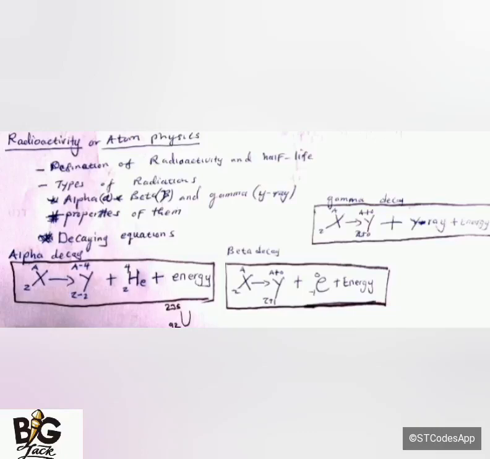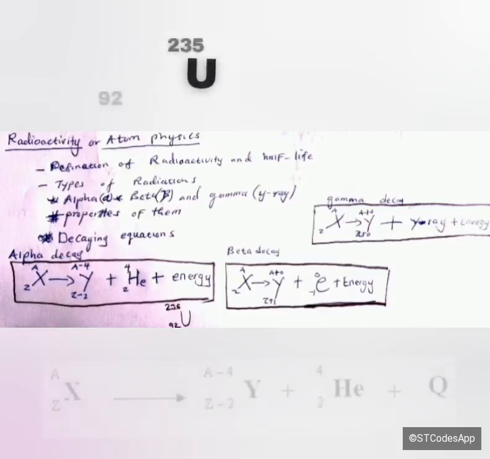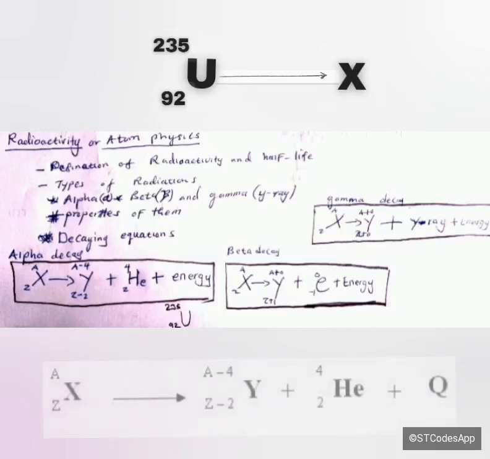Then also the proton number or the atomic number will subtract 2, which is the proton number of helium. Let's say for example, this one here is uranium, which is 235. If uranium undergoes alpha decay, the new mass number of the daughter nuclide is going to be 231.